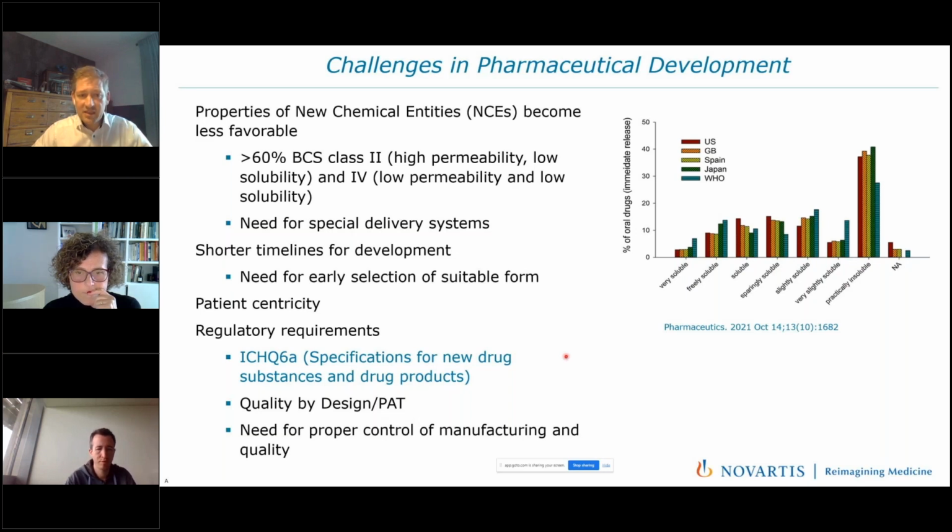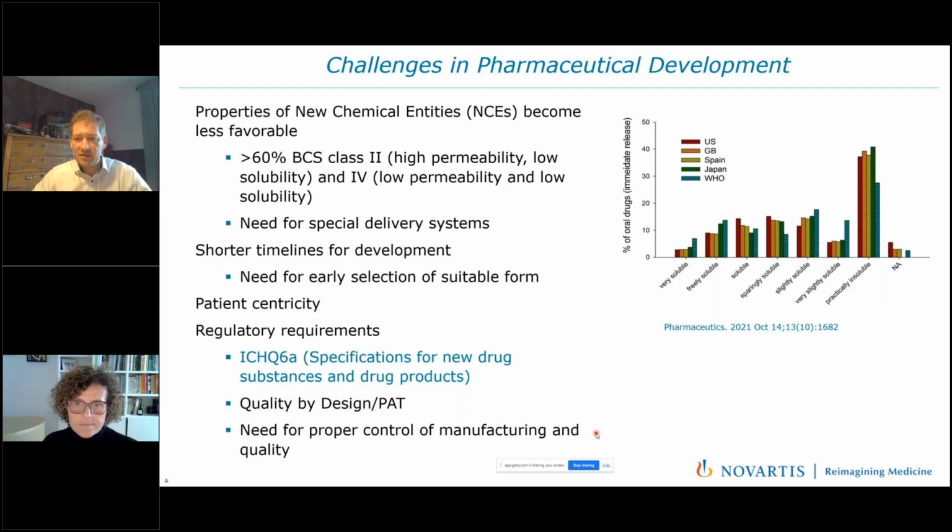It is also expected that we work more and more in terms of quality by design. We are using process analytical technologies, and there is certainly a need to have robust and proper control of the manufacturing of the drug substance and drug product in order to ensure the desired quality of the final product and, ultimately, the safety of the patient.